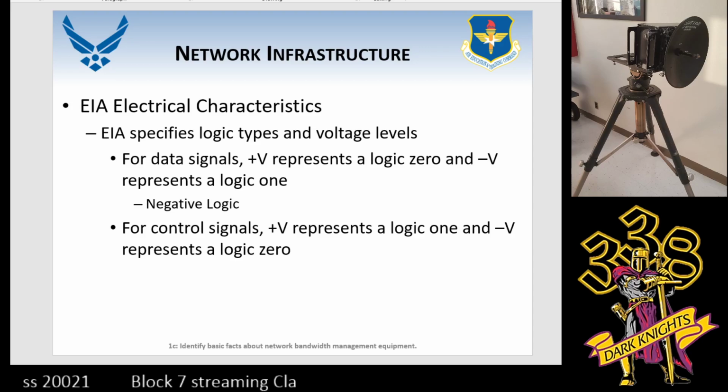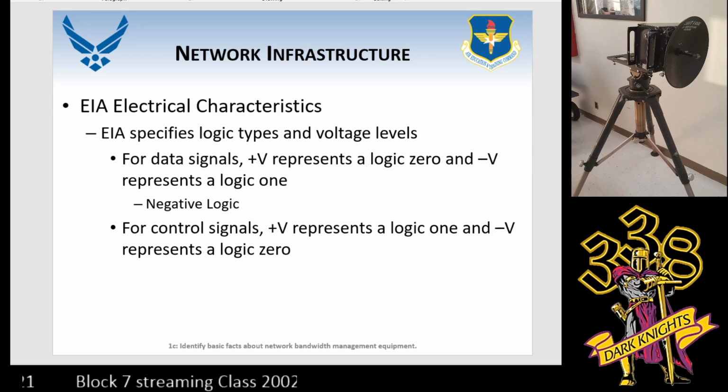Some electrical characteristics. EIA specifies logic types and voltage levels. So when it says negative logic for data signals, whenever you're reading any kind of binary, I'm sure y'all have made the correlation where a logic high or a 1 typically represents something that's correct, and a logic low or a 0 is typically represented negatively.